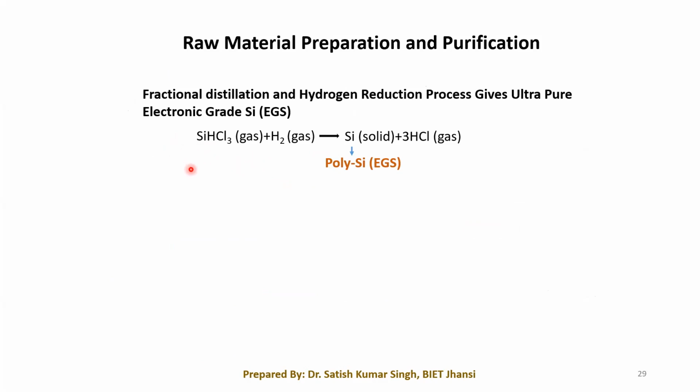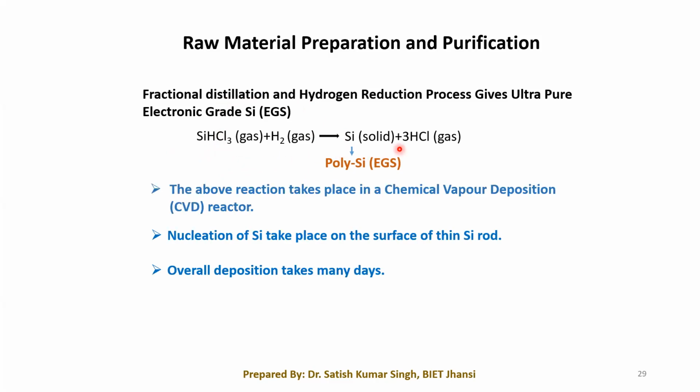Then at room temperature we get back the trichlorosilane gas, and then this is hydrogen reduced with this chemical reaction. Within this CVD reactor we place one polysilicon rod, and then go for the nucleation process. The nucleation process will take place itself, because we maintain the environment such that this reaction takes place, and automatically this silicon gets deposited on the silicon rod.